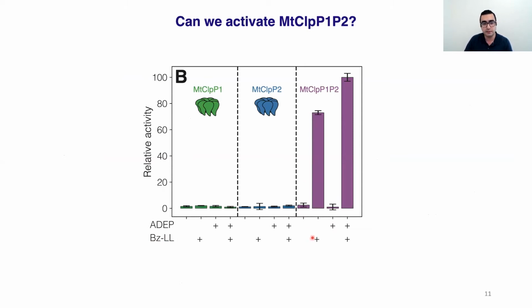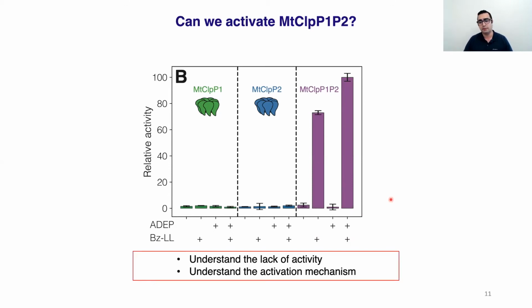And this is really unique among bacterial ClpPs and all the ClpPs that I know of. And it turns out that if you have bzl and also add ADEP on top of it, this dysregulator, you get additional activation. So what we do not know, what's so special, unique really about the mycobacterial P1P2 system, is that we do not understand the lack of activity.